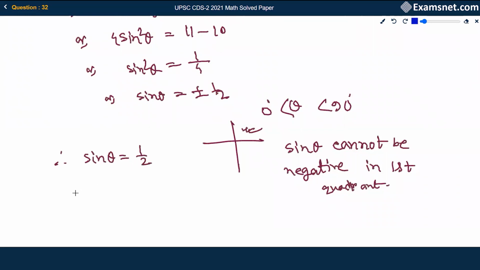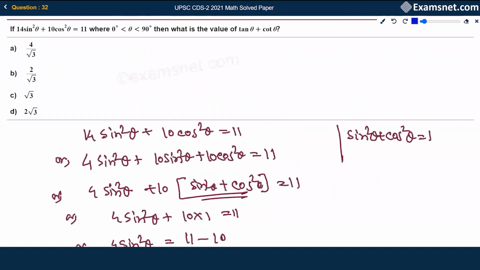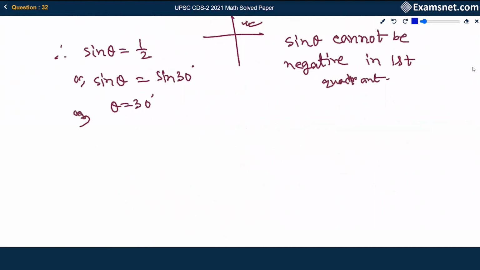Now remember, at which angle does sine give us the value half? 30 degree. So sine theta equals sine 30 degree, where theta equals 30 degree. Now we will put this value of theta in tan theta and cot theta, right? So tan 30 degree plus cot 30 degree.